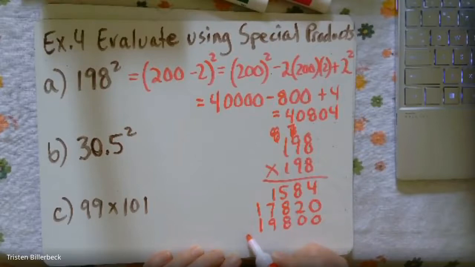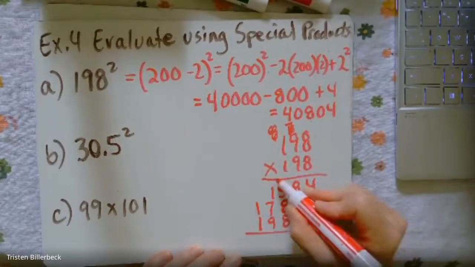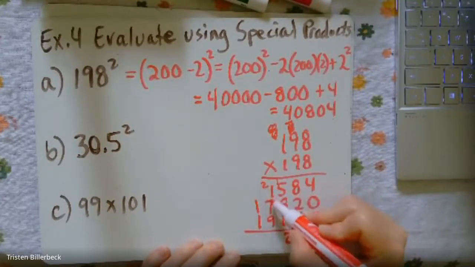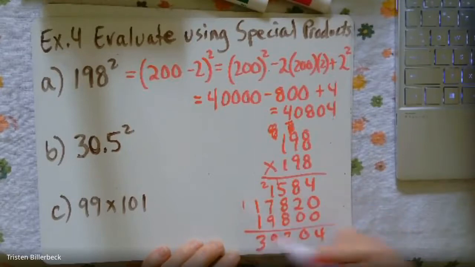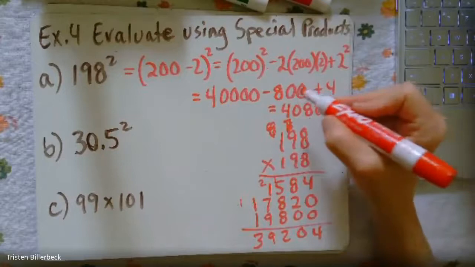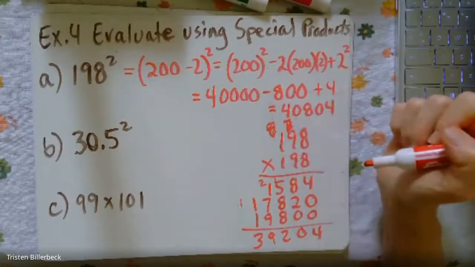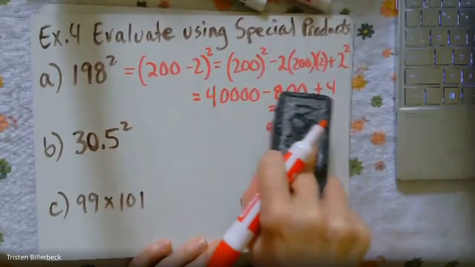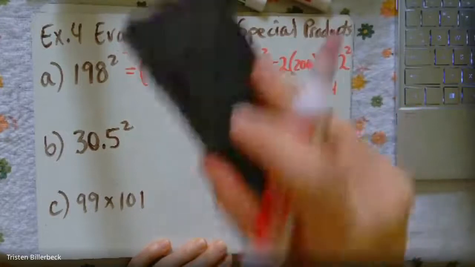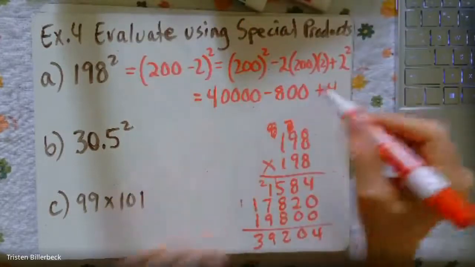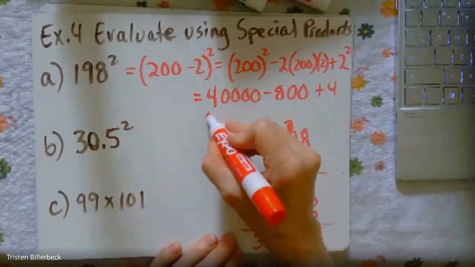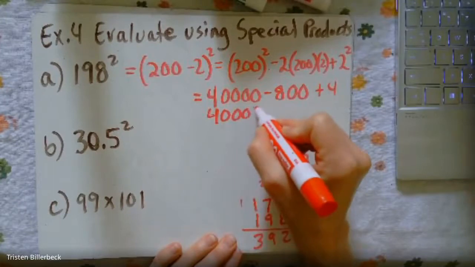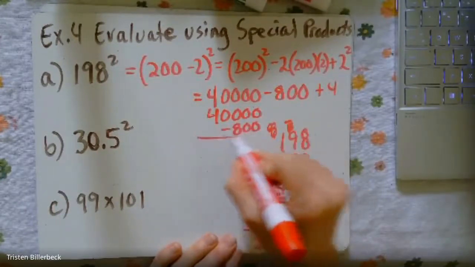So we have 4, 10, 16, 22, and then 10, 19. So we have 39. Oh, that's because I didn't minus. Silly me, I added the 800. That's why it didn't look the same. Okay, so these two we can add together. So 404. Well, let's just subtract. I bet you said that on your side.